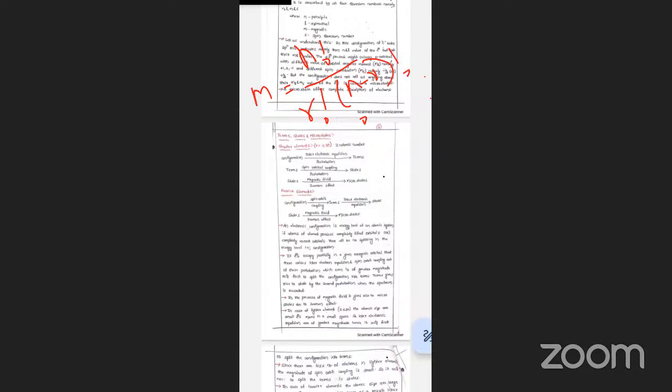So what about n and what about r? Here n is equal to double the number of orbitals, and r is equal to the number of electrons present. What is the meaning of double the orbital?